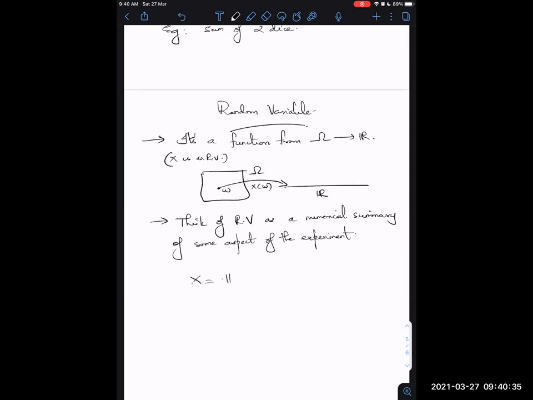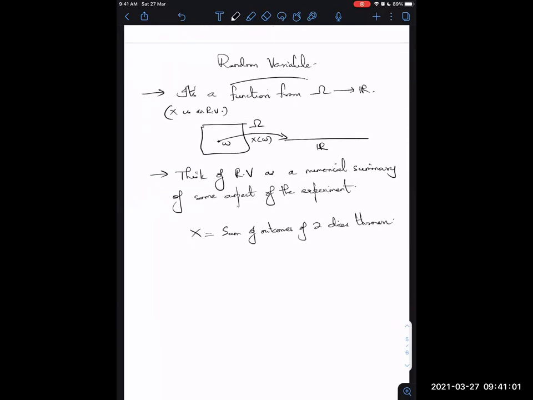X is the random variable that is just the sum of the outcomes of two dice thrown.